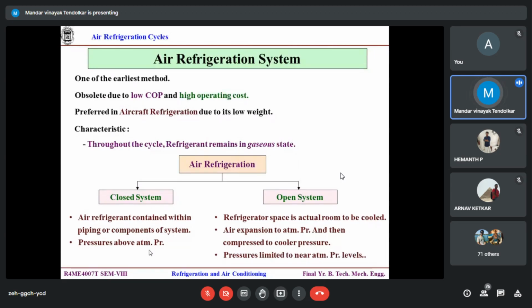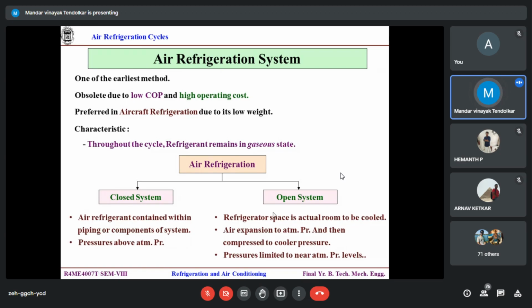Of course, it will increase the compressor work, but it will give you more temperature also. So heat rejection will be more, and the more the heat rejection, the more the heat absorption. So the refrigeration effect also is more. So it will always be a competition between the more refrigeration effect desired and the more compressor work, which is undesired.